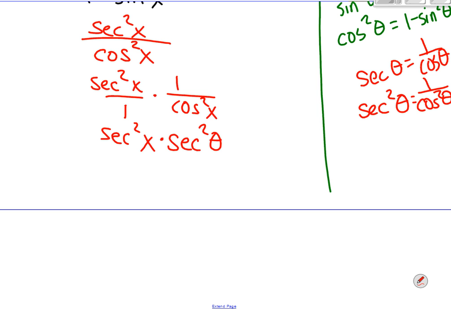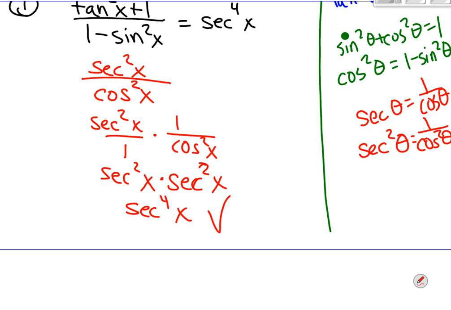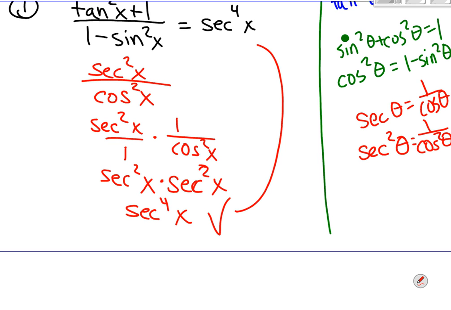Oh, excuse me, I made it theta instead of x. Yep. And secant squared x times secant squared x is secant to the 4th x. And as long as I get that, I usually put a check mark. To me, that means that yes, I just got secant to the 4th, and it's the same as that. And so that's one problem that we're working on.